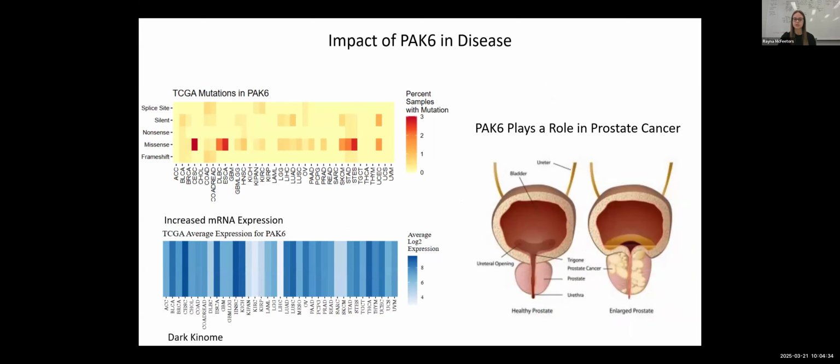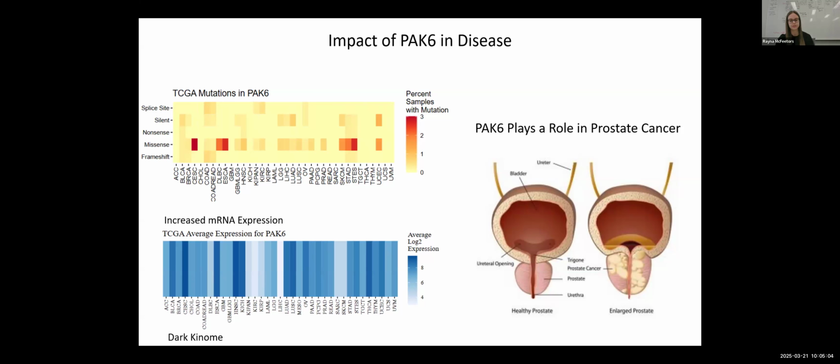There is a potential of PAX6 to be involved in cancer. From the dark kinase knowledge base, there's evidence of missense mutations and mRNA upregulation of PAX6 in cervical squamous cell carcinoma and endocervical adenocarcinoma. And there's amplification of PAX6 and upregulation in prostate cancer, which plays a role in its malignancy. And this is seen in research that's been done.